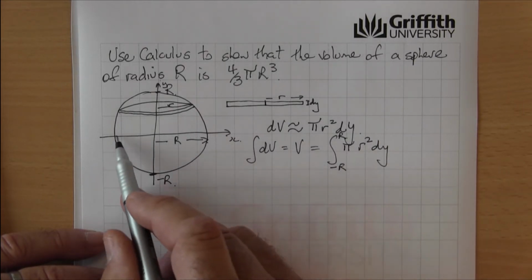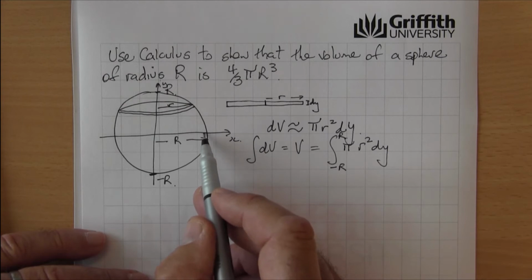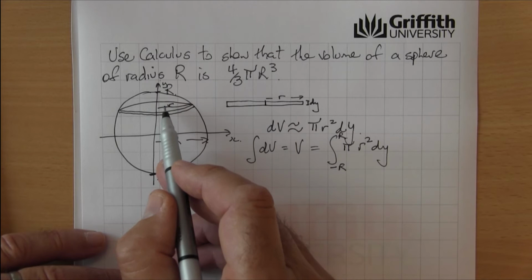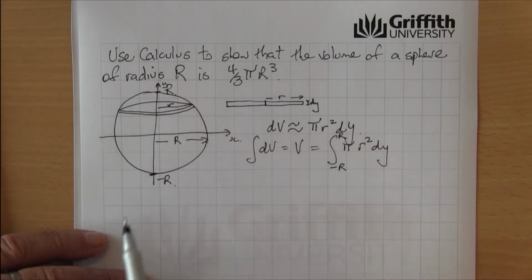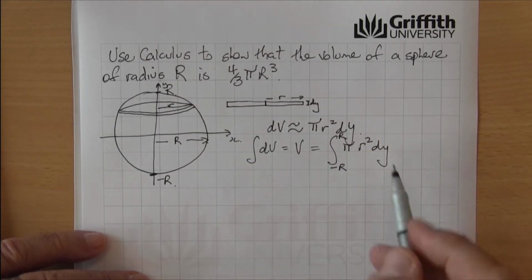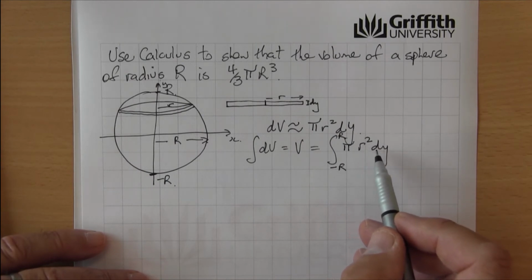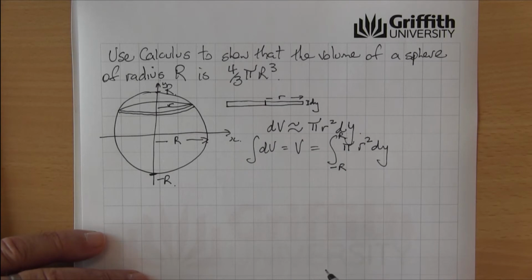Out here, if I took a sliver right through the middle, little r will be equal to capital R. And it's approaching 0 as the slivers get closer to the top or closer to the bottom. So we've got to find some way of replacing this r with something in terms of y.